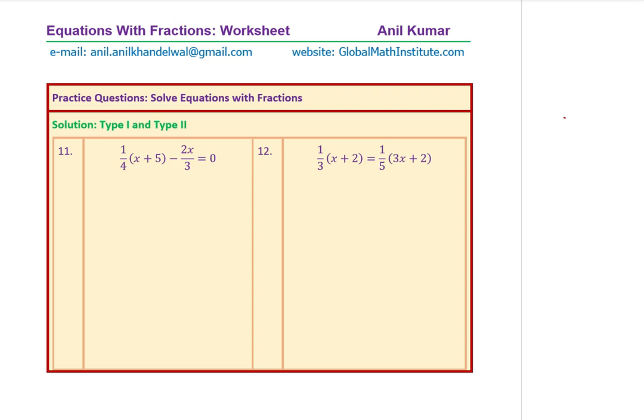So you could adopt either the strategies learned for type 3 or 4, or you would think like this, convert that, right? So 1 over (4x plus 5) equals 2x over 3. Do you see that? As soon as I do like this, it becomes type 1 and type 2. That's what I meant. At times, you may have to see the question in different ways, right? So apply the learnings.